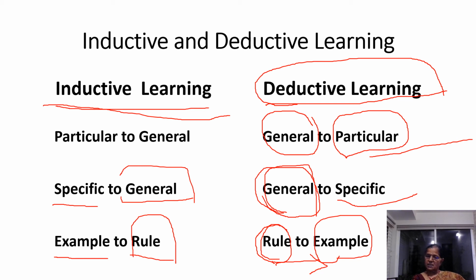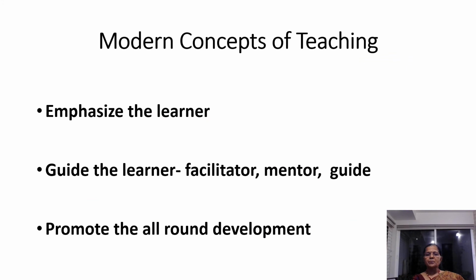So it is general to specific. That is deductive. The other way around is, if you know one thing, you can automatically infer the opposite one. So I remember this statement, deduce from generalization. If you start with generalization, it is deductive learning. And these are the two types of learning you should be familiar with.